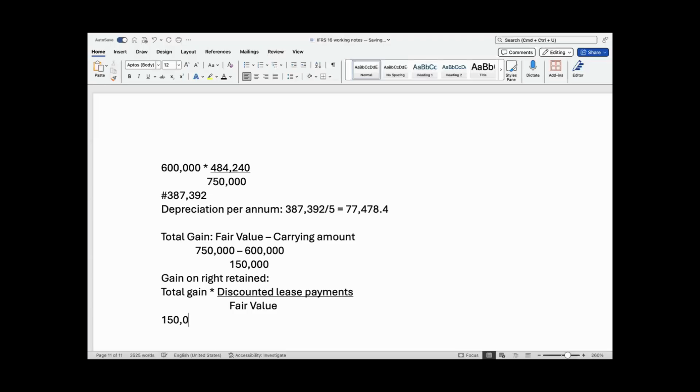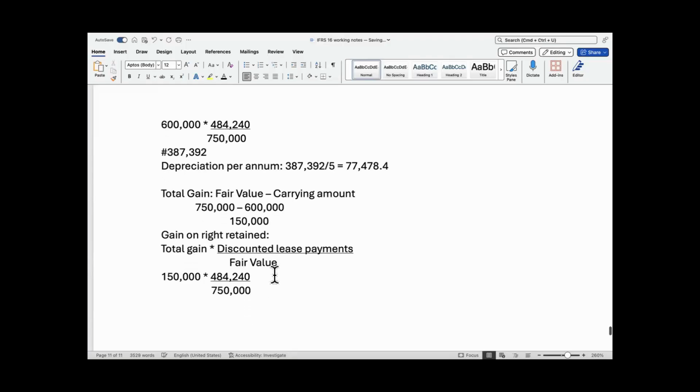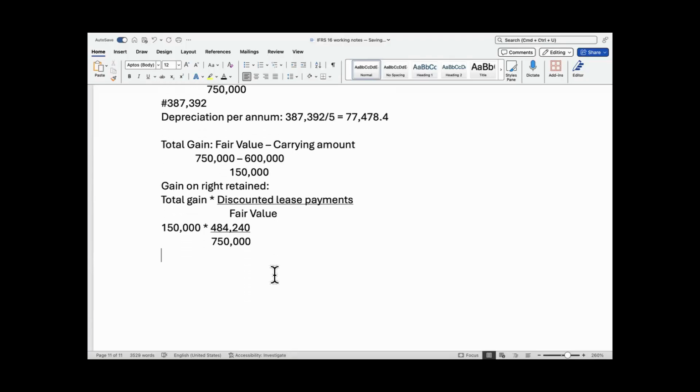The total gain is 150,000. The discounted lease payment is this 484,240, all over fair value, which is 750,000. So with this, my gain on rights retained is 96,848.